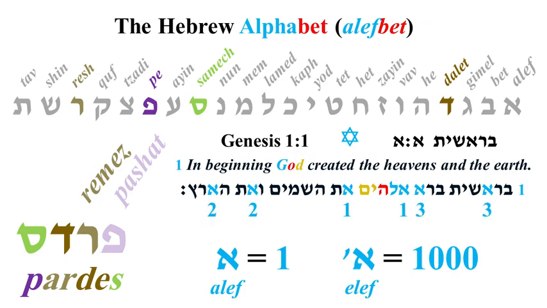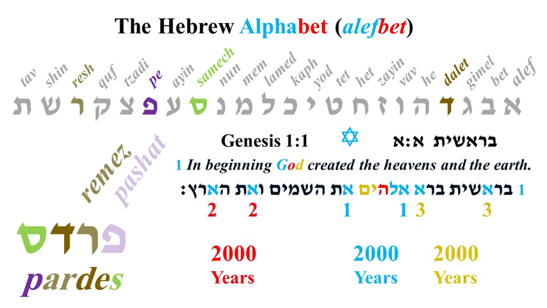And if Eleph is 1,000, then the first 2 Alephs, each one is 1,000. That represents 2,000 years. And the next 2 Alephs represent 2,000 years. And the final 2 Alephs represent 2,000 years.